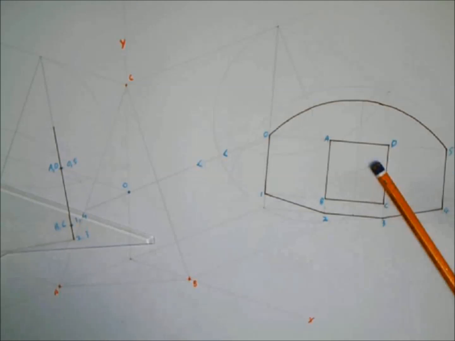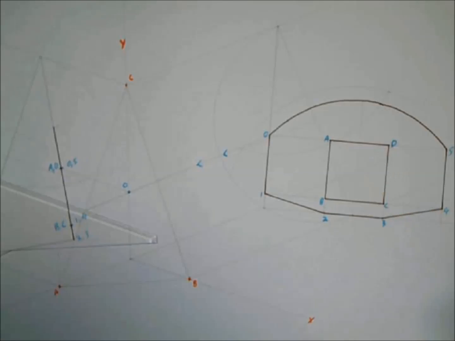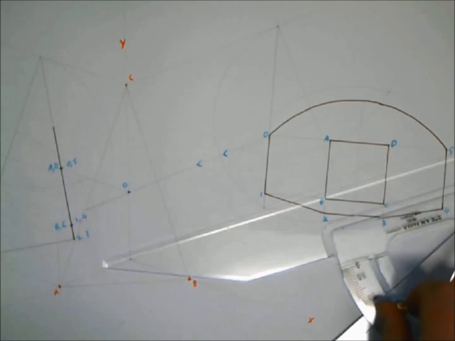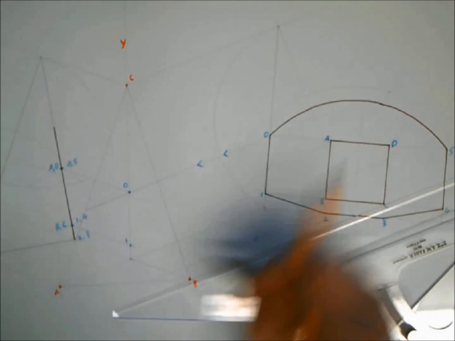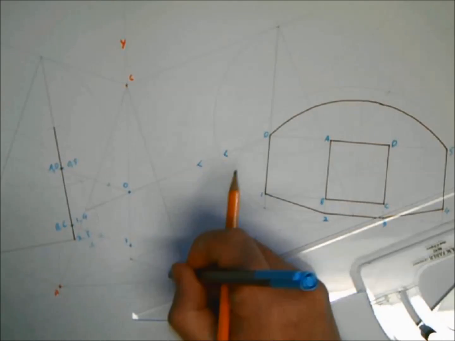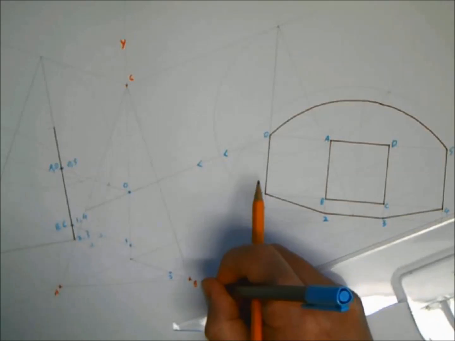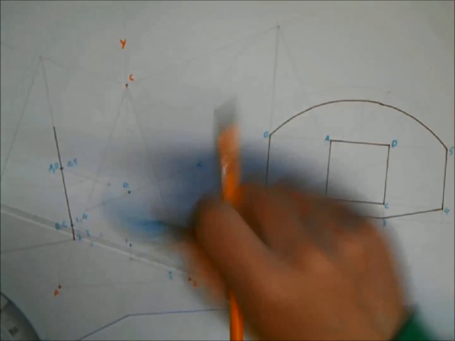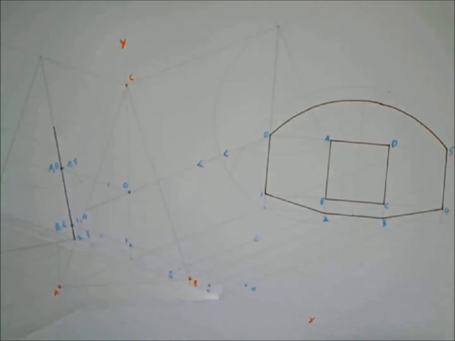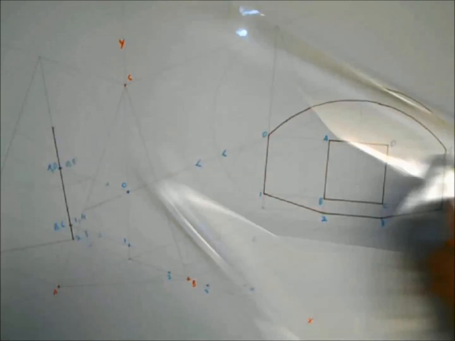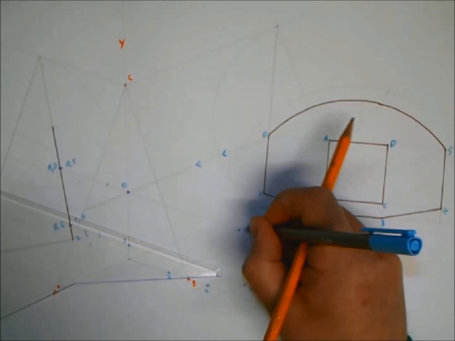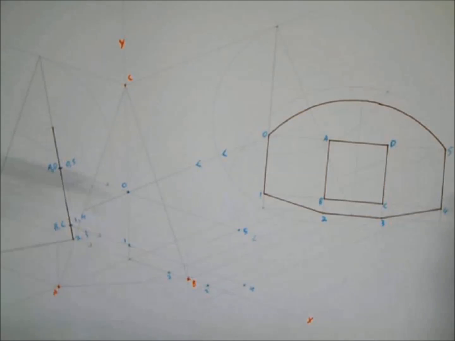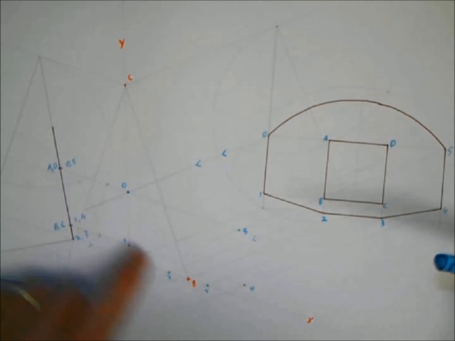Do the same with 1, 2, 3, 4, and 5. Alright, so there you have 0, 1, 2, 3, 4, and 5.